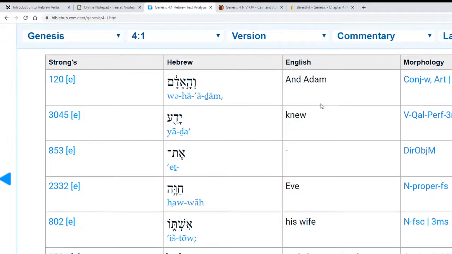It's up to you. But yeah, so yada, they're saying it's kal perfect. They're saying it's just in the past tense, whereas personally, to me, it kind of seems like it's actually in the imperfect. And the man knew Chava, his wife, right? So this is the direct object marker.